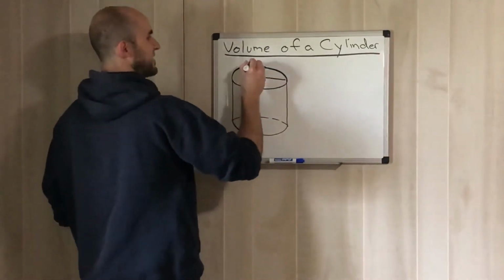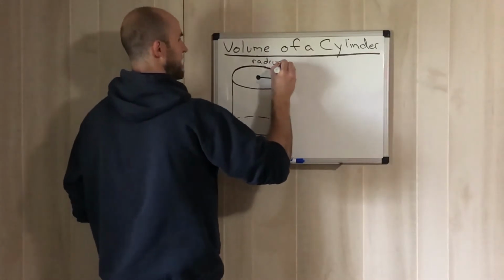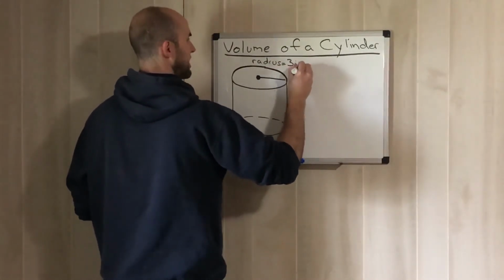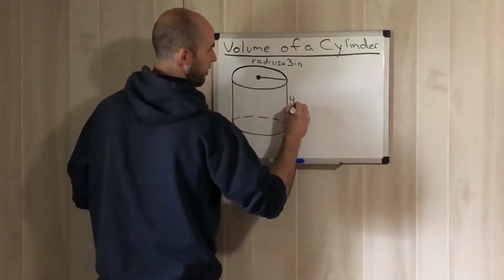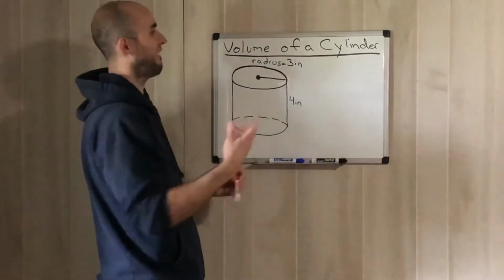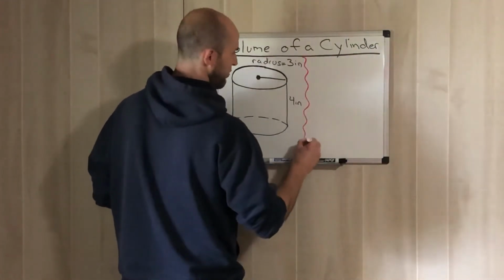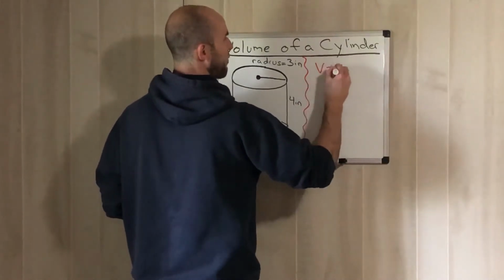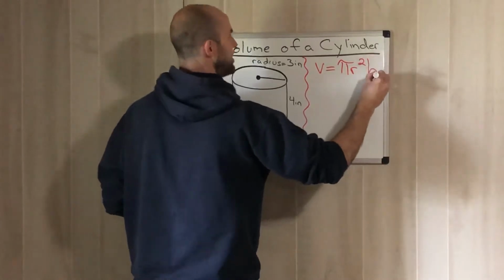So in this case, let's say that the radius is 3 inches, right? And let's say that the height is going to end up being 4 inches, right? So now, since we want to find the volume of the cylinder, we're going to use the formula for volume, right? Where we know that the formula for volume of a cylinder is pi r squared times h.